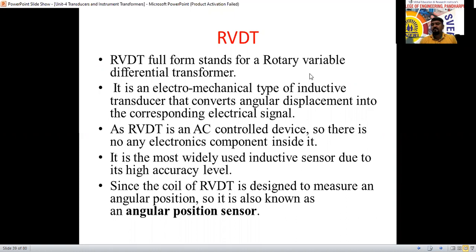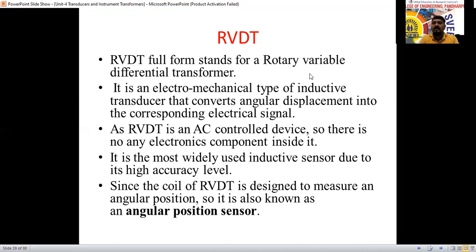Whatever the angular displacement is, say 90 degrees here, if it comes to 30 degrees, how much will it display? If it goes to 120 degrees, how much is the difference? Like that, we measure angular displacement using this rotary variable differential transformer, and it converts it into an output voltage.